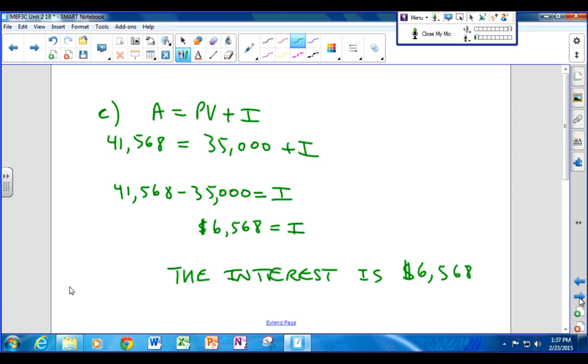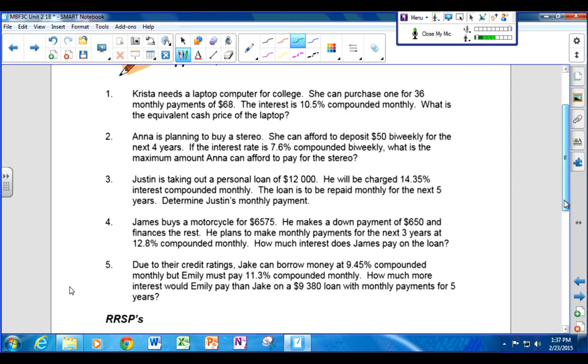Because really the key to doing these is to figure out which formula we need and to pull out the information from the question, right? That's step one of the four-step problem solving model. Once you have all the stuff you need written down, step two is devising a plan of attack.